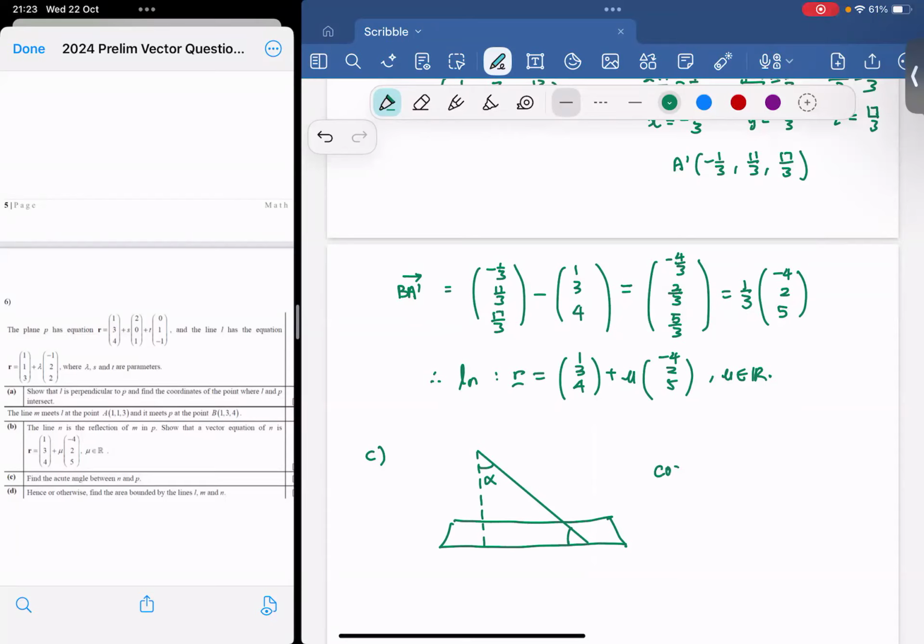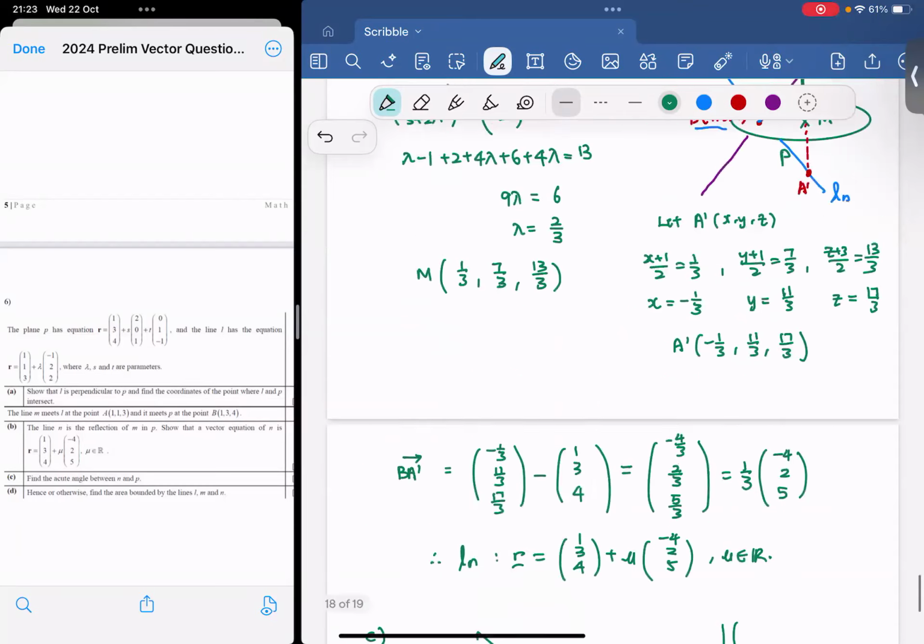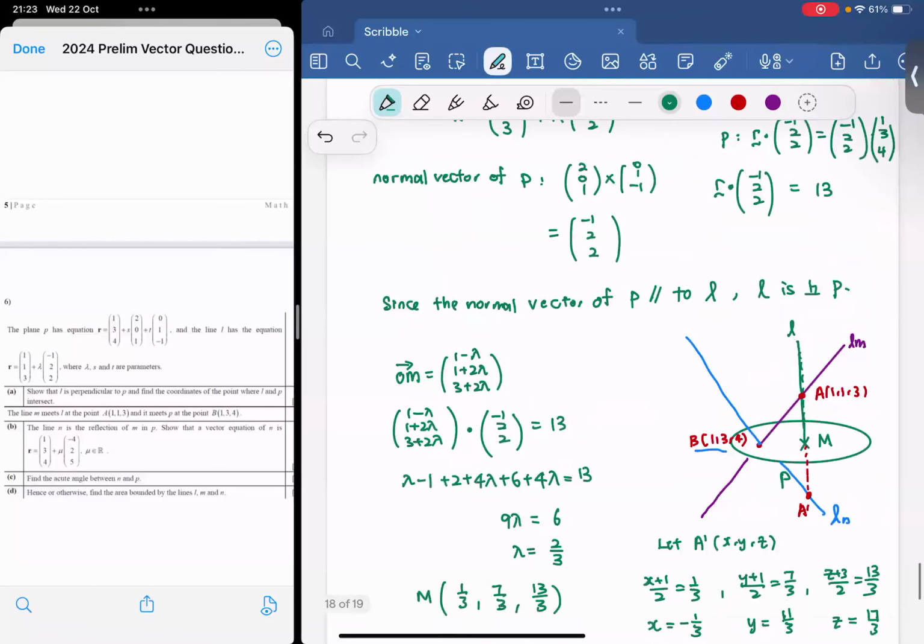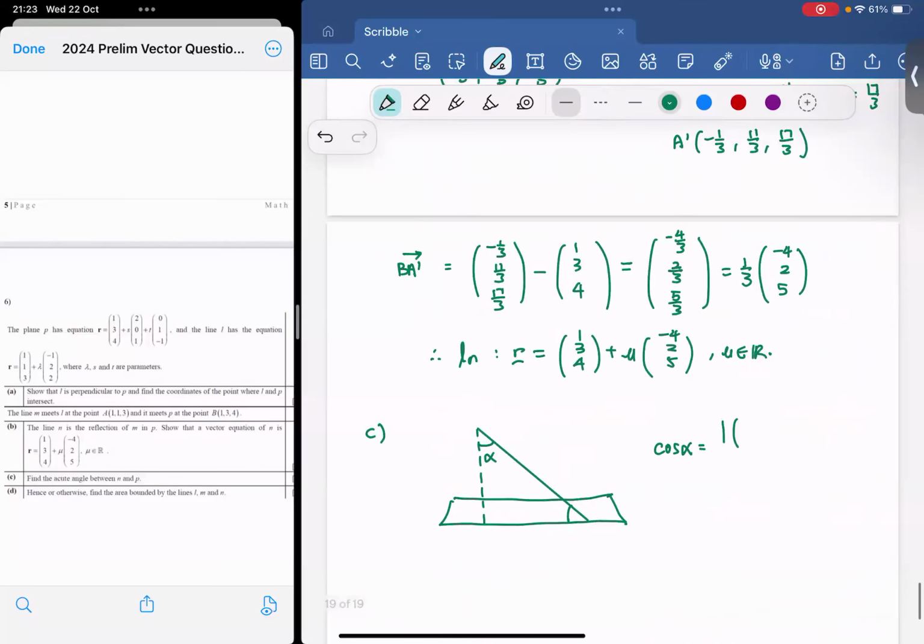Cosine alpha equals the normal vector of plane P, (-1, 2, 2), dot the direction vector of N, over square root of 1 plus 1 plus 4 plus 4, times square root of 16 plus 4 plus 25.